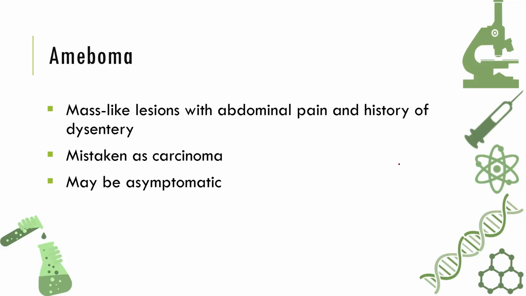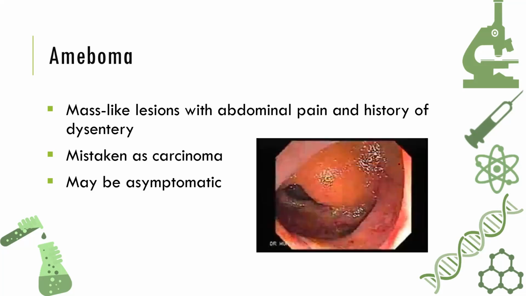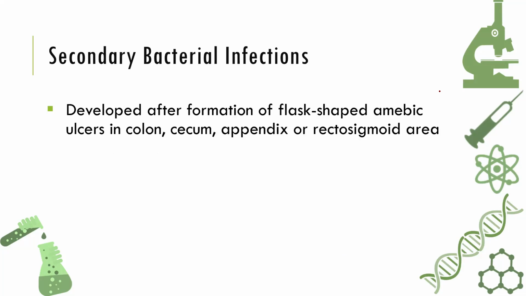How about ameboma? Ameboma is mass lesions with abdominal pain and a history of dysentery. Ameboma is mistaken as carcinoma. No? Hindi naman po siya carcinoma. And maybe asymptomatic yan. Merong lesions with abdominal pain because of an amoeba history.